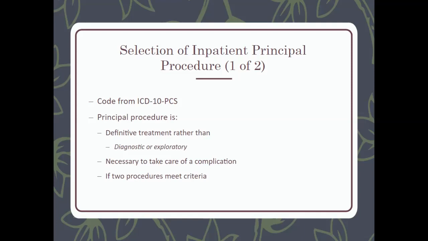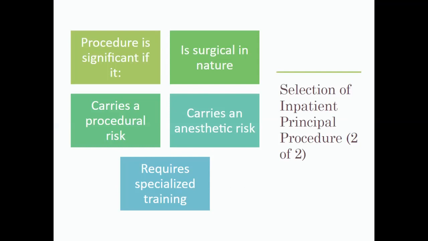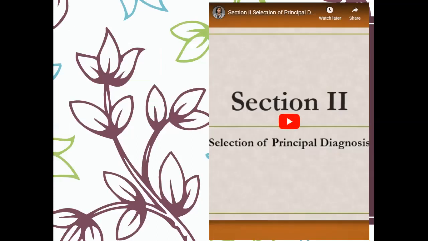If 2 or more procedures meet the criteria, report one most closely related to principal diagnosis. So the procedure is significant if it is surgical in nature, carries a procedural risk, carries an anesthetic risk, requires specialized training. So we're going to watch a little video on selection of principal diagnosis.